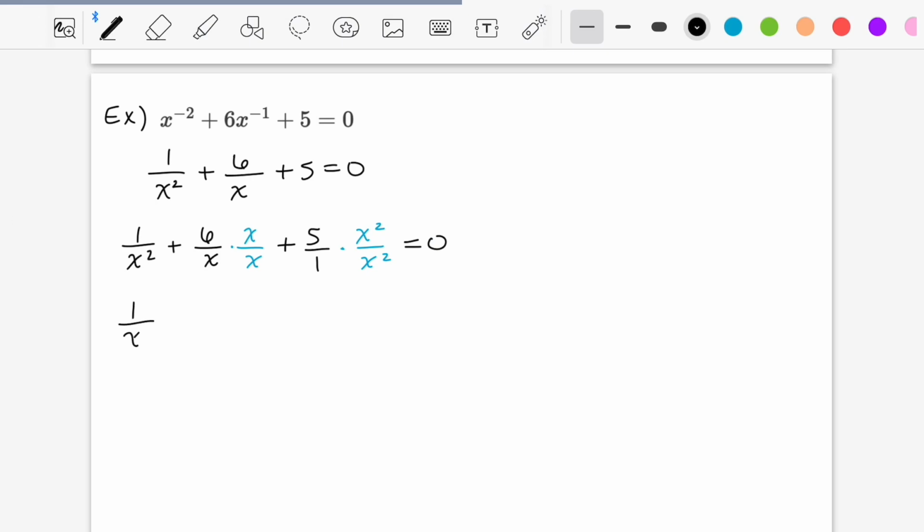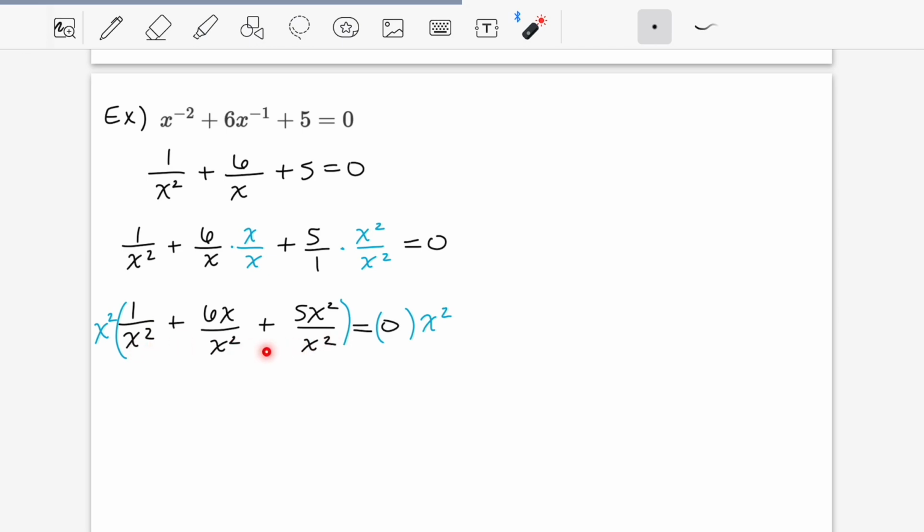Doing so, we'll get 1 over x squared plus 6x over x squared plus 5x squared over x squared is equal to 0. Now the reason we want to do that is because if we multiply both sides of our equation by the least common denominator x squared, we get rid of the fractions here.